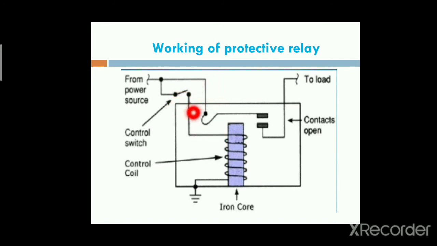At first from the source we are connecting the contacts. These are the circuit breaker contacts, fixed and moving contacts, and these are to be connected to the load. This is the basic constructional working diagram of a protective relay.